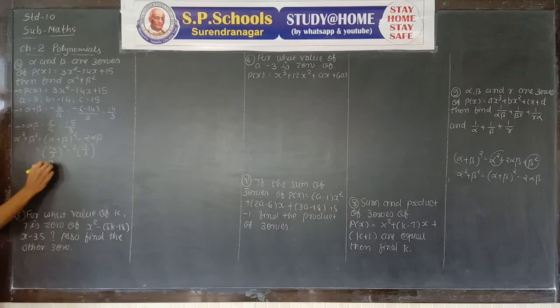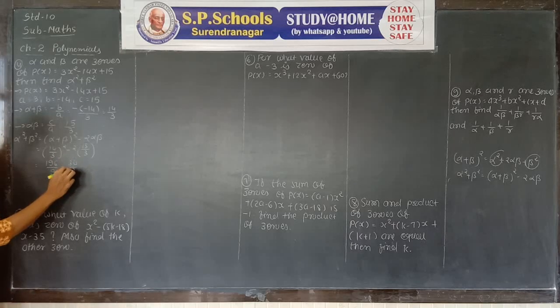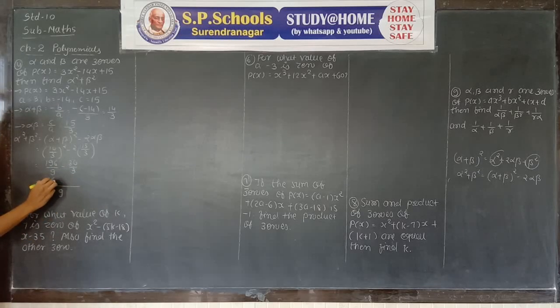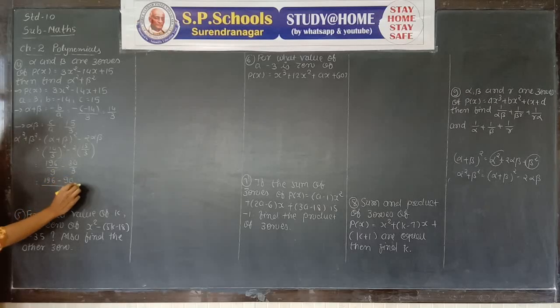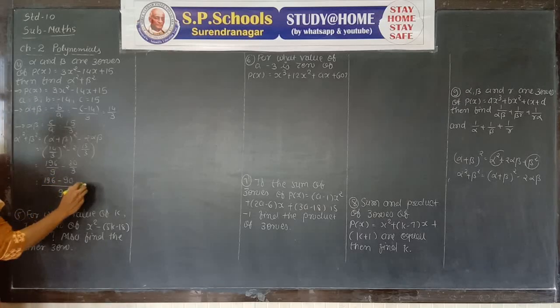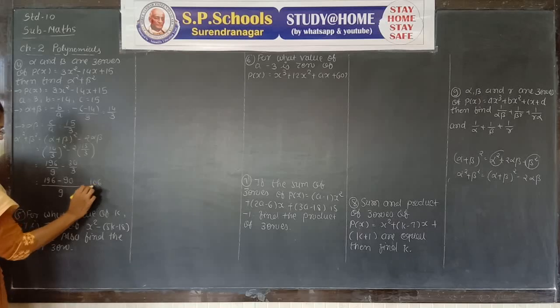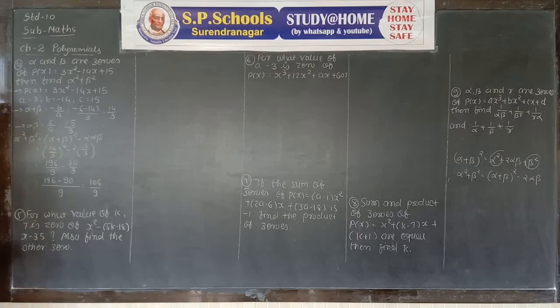Square of 14 is 196 upon 9 minus 30 upon 3. Now 9 is the LCM. 196 minus 3 3s are 9, 90, is equal to 106 upon 9, the value of alpha square plus beta square.